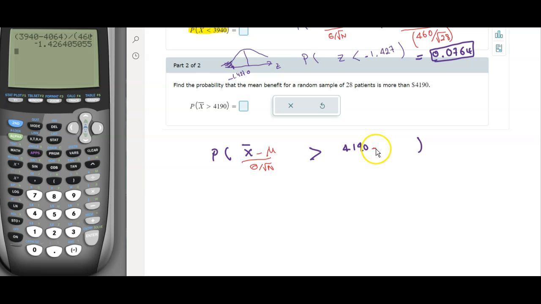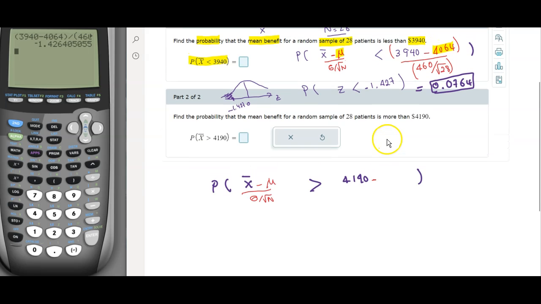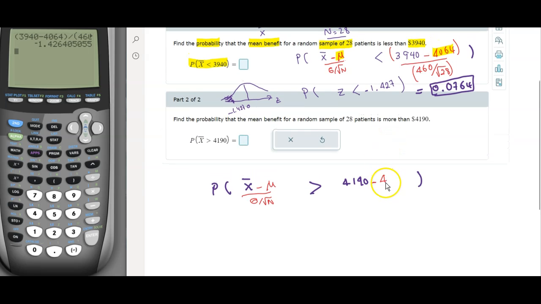So this is going to be minus 4064 divided by 460 divided by radical 28. Put a parenthesis in both of them, and this is going to be exactly the probability of z. So this became z, and this you've got to do with the calculator.